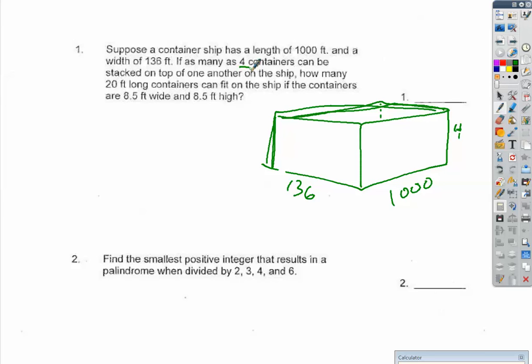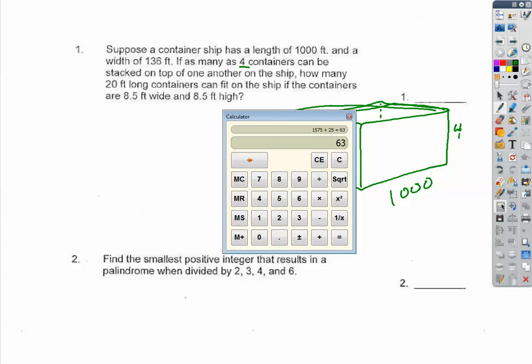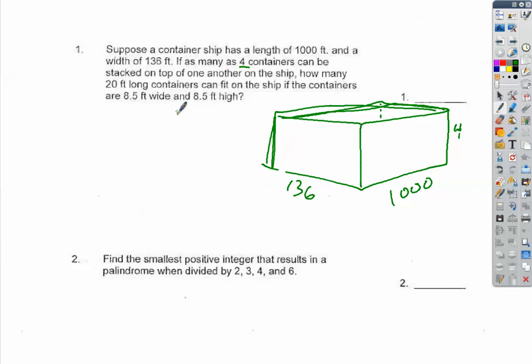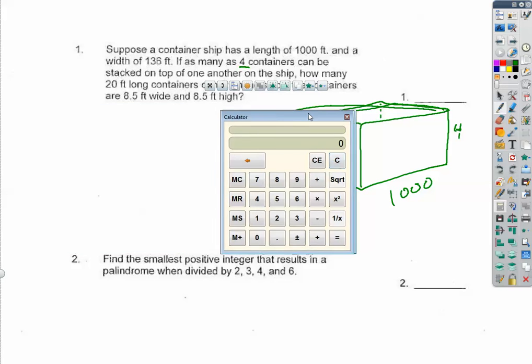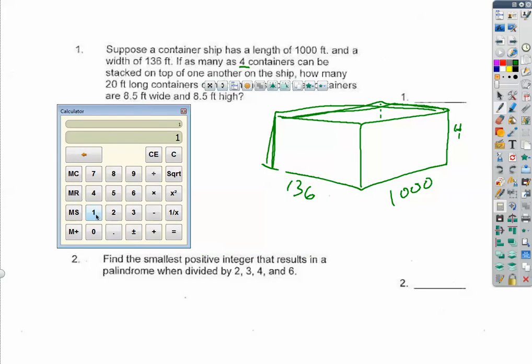So here's the thing. We have 1,000 divided by 20 equals 50. Oh, so that's convenient that it goes in perfectly, right?